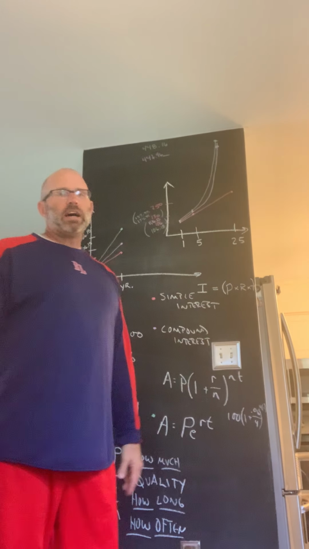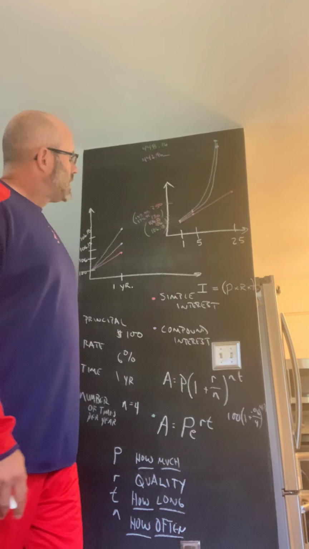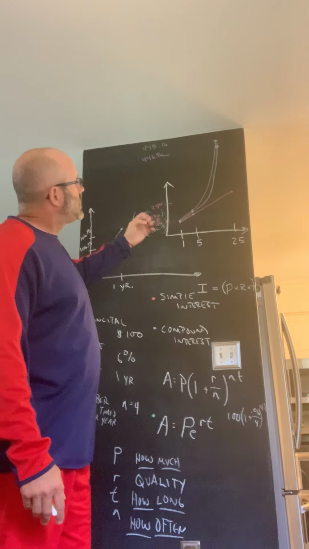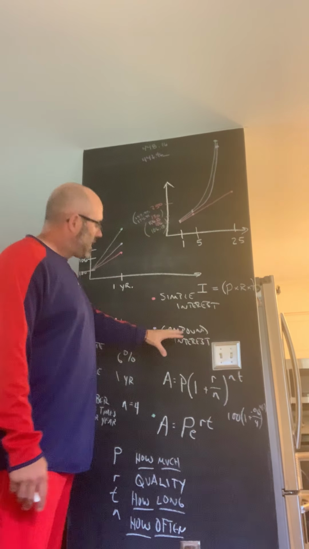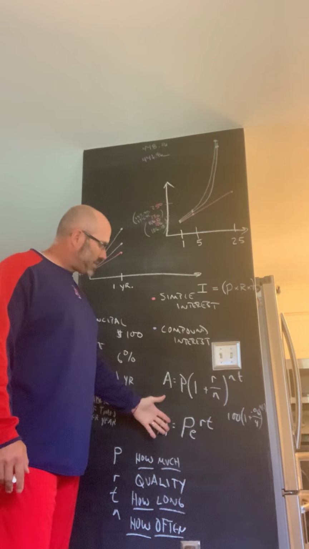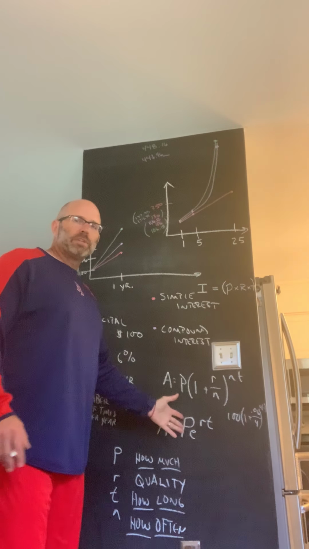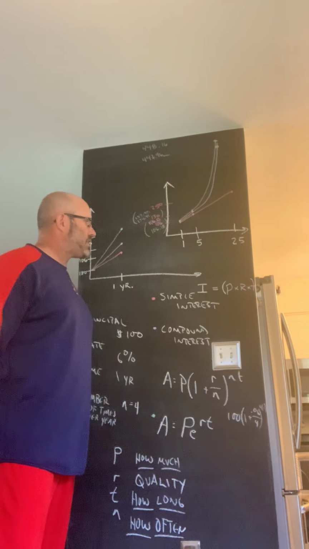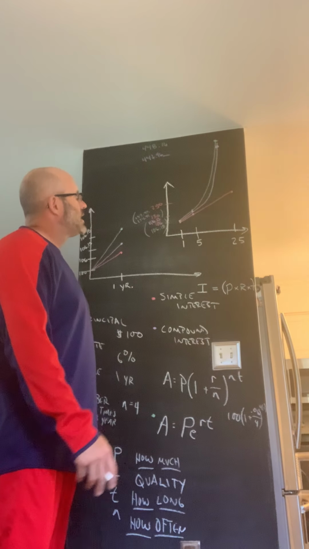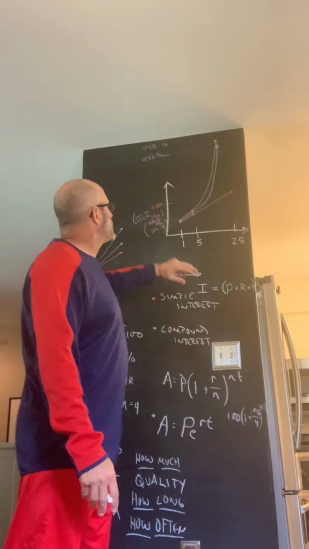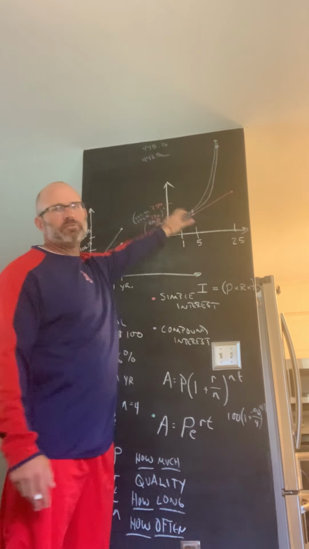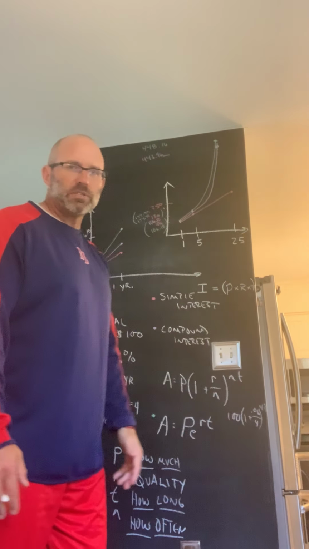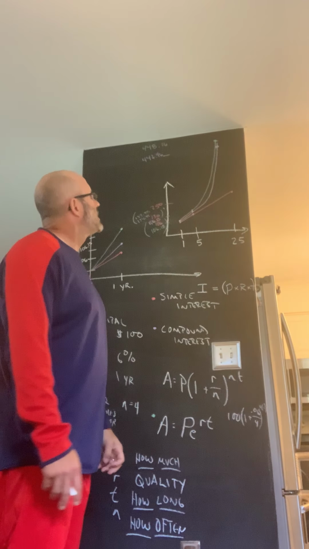we jump to 25 years, and as you can tell, when you start to extend the time period, that's when the compound interest and what's called the continuously compounding interest really starts to take hold. And after 25 years with a simple interest formula, I was at 250. So I had made $150.